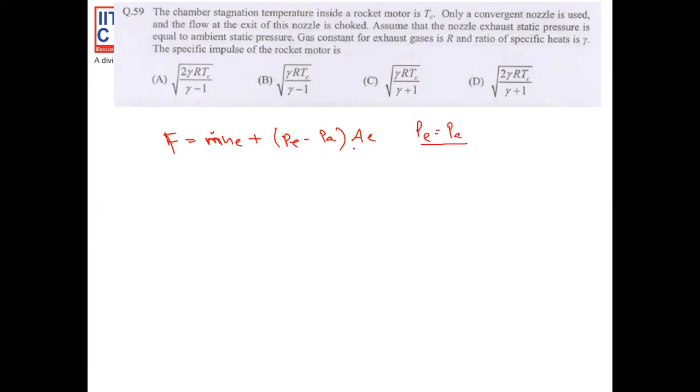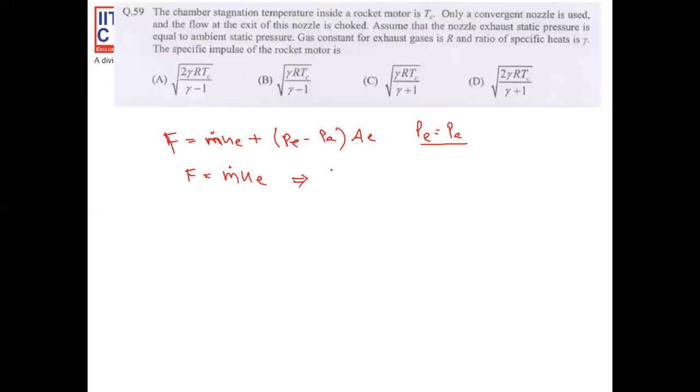Hence, this part will not have any contribution in the total thrust. So in this case we are considering PE equal to PA. So F will be equal to m dot UE, where m dot is the mass flow rate of the exhaust gas and UE is the velocity of the exhaust gas.